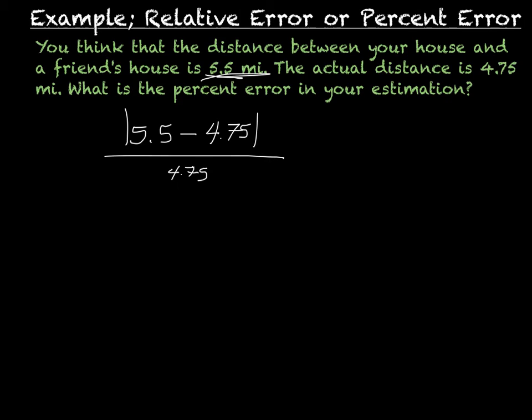Now, when we do the subtraction, we get the absolute value of 0.75 over 4.75, and then we can divide, because the absolute value of 0.75 is 0.75.